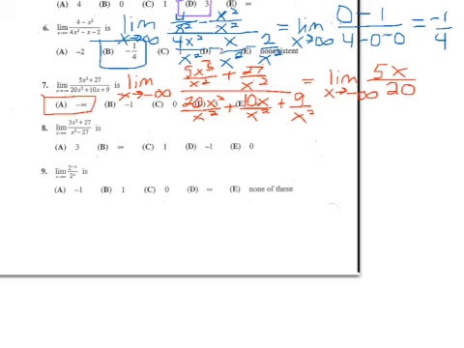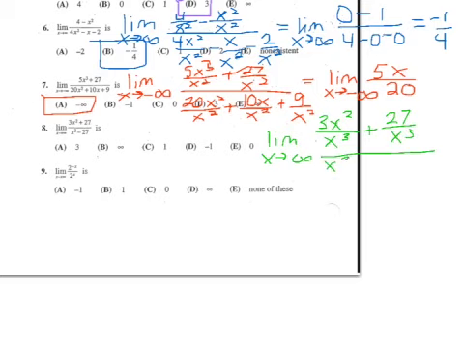For number 8, we have the limit as x approaches positive infinity of 3x squared plus 27 over x cubed minus 27. So again, we want to divide everyone by x cubed. So we have the limit as x approaches infinity of 3x squared over x cubed plus 27 over x cubed all over x cubed over x cubed minus 27 over x cubed.